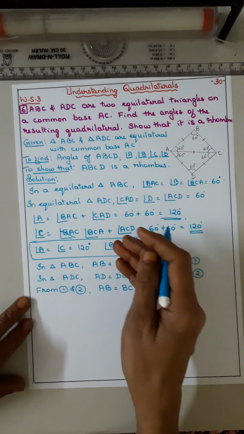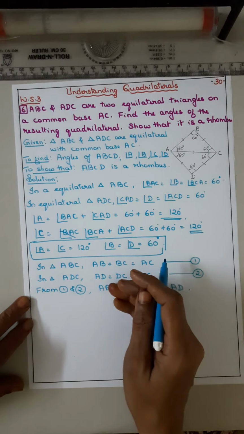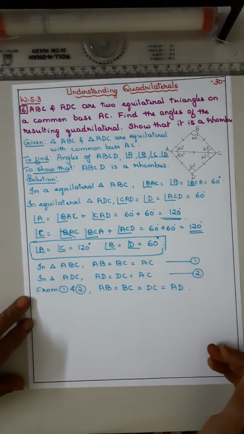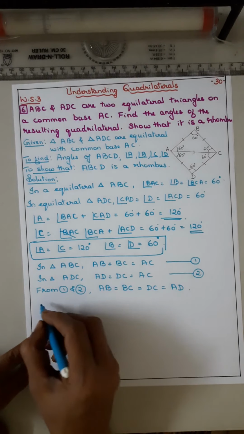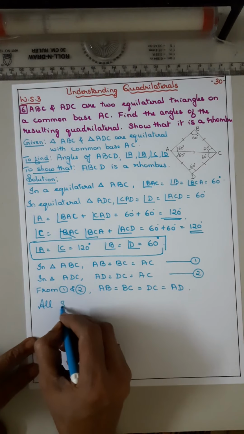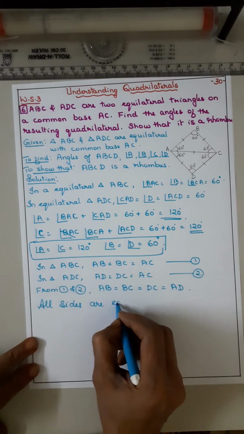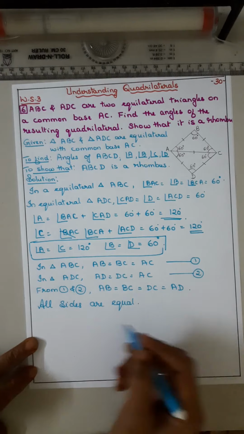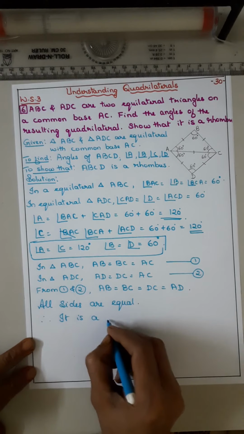So AB is equal to AD, and BC is equal to CD. All four sides are equal to each other. That means all sides are equal. Therefore, it is a rhombus.